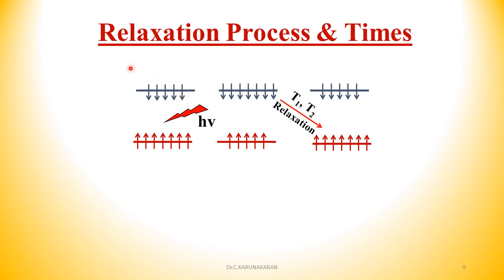Now let us see what are relaxation processes and times. At equilibrium, the ground state is more populated and the excited state is less populated at a particular applied field strength, for example B naught. On irradiation with the radio frequency oscillating field, now the population is inverted.